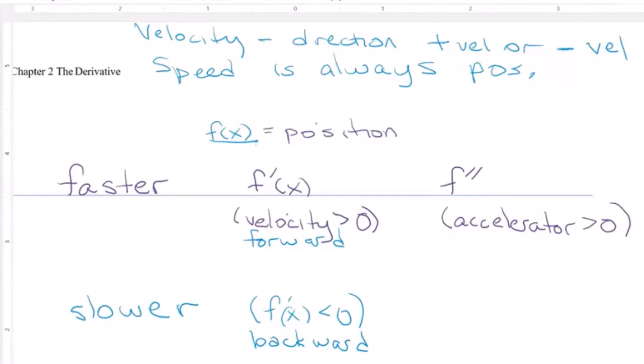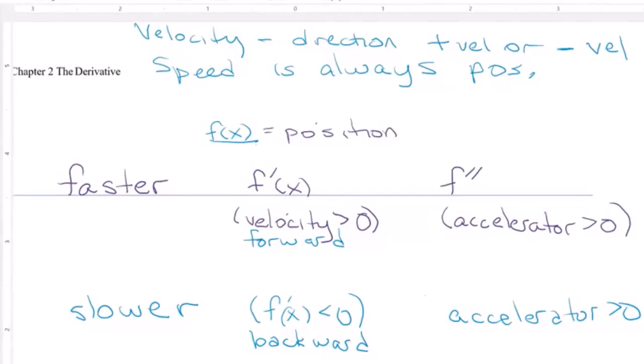Now, if I'm going backwards and I accelerate in the positive direction, so I'm going backwards, I put my foot on the accelerator, and at the exact same time, I put my car in drive instead of in reverse.